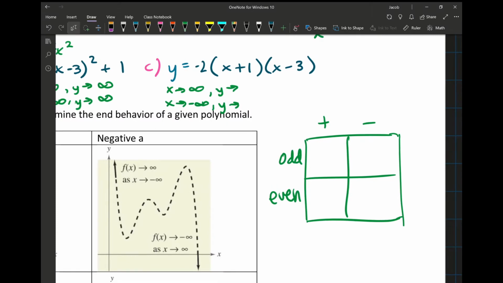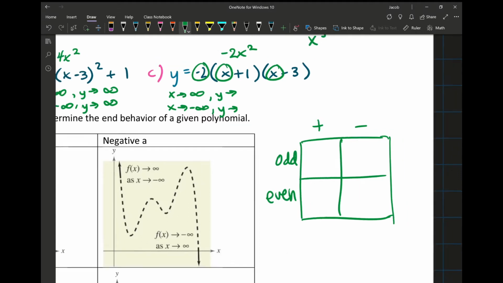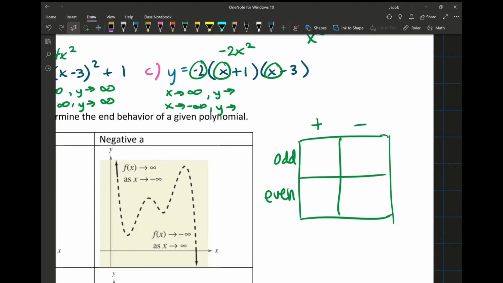And in this form, the factored form of a quadratic, we see the leading term, I'm just multiplying here, negative 2 times x is negative 2x squared. And no matter what is going on with the numbers in the other factors, it will not dictate the end behavior of our quadratic. We know this is a facing down parabola.